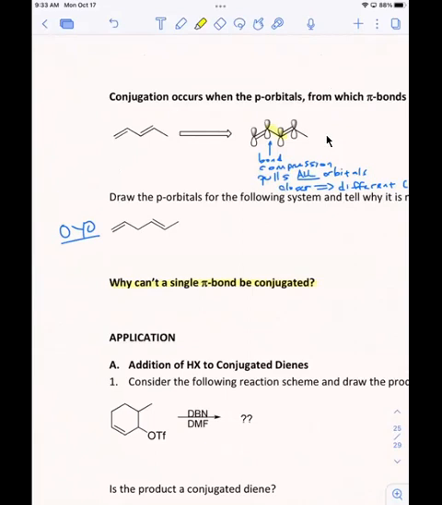Because it won't have overlapping p orbitals? It won't have another set of p orbitals to overlap with. That's absolutely correct.